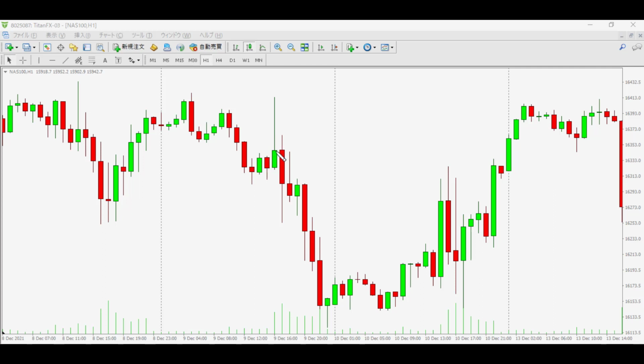So wait for the closing price, then buy here. And the next candlestick higher, above break even. So you can put the stop loss at the higher candlestick low on a small time frame, 5 minutes or the 15-minute chart.